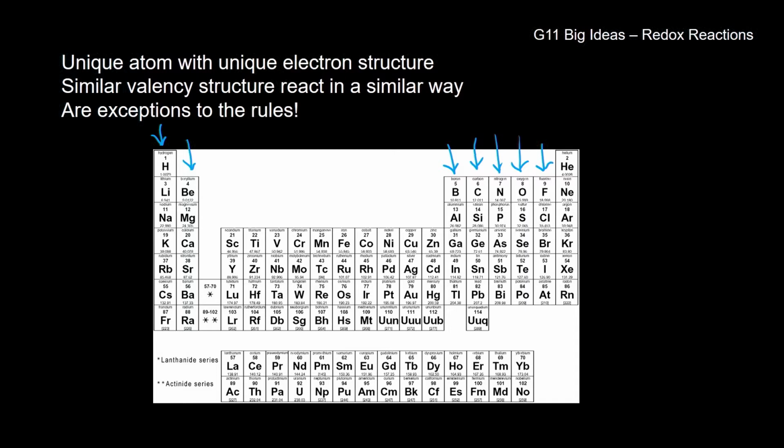Those groups will all have similar structures in terms of how the electrons are positioned around the nucleus. So they will all react in a similar way. However, because of the difference of electrons, some will react more and some will react less. There are exceptions to all these rules. So we have to be aware of those, and we will look at those after the break. We will see you then.